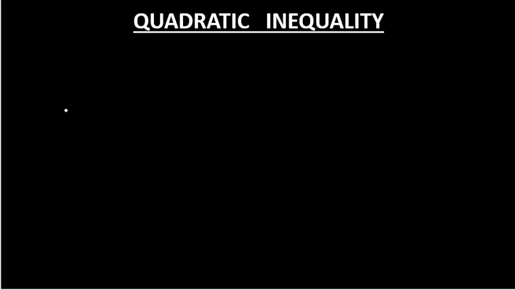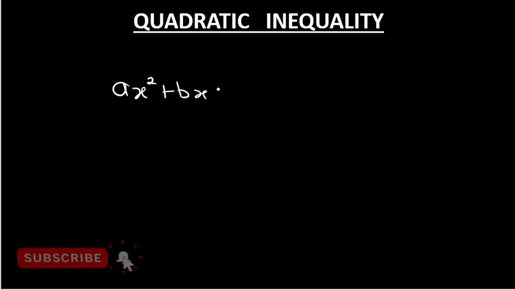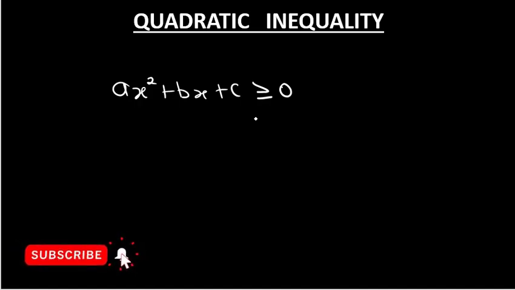Hi, in our previous video, we considered finding the true set of a quadratic inequality of the form ax squared plus bx plus c being greater than or equal to 0. That is what we did.